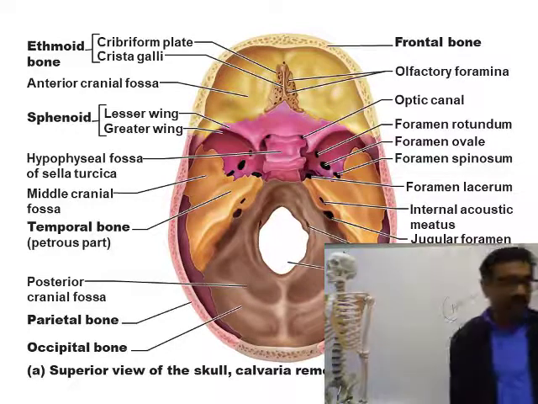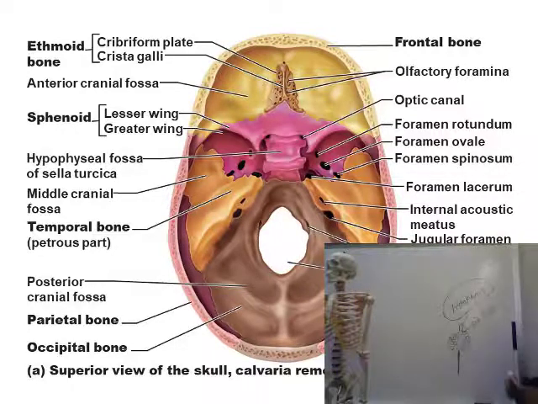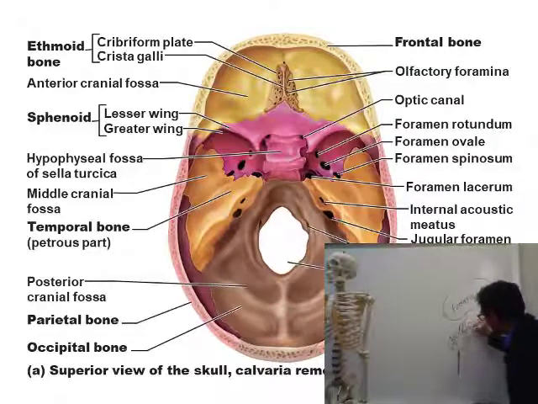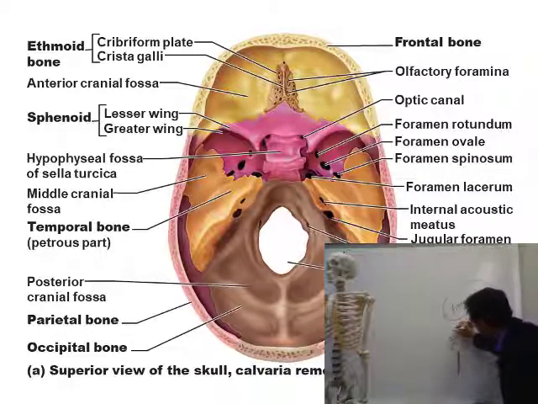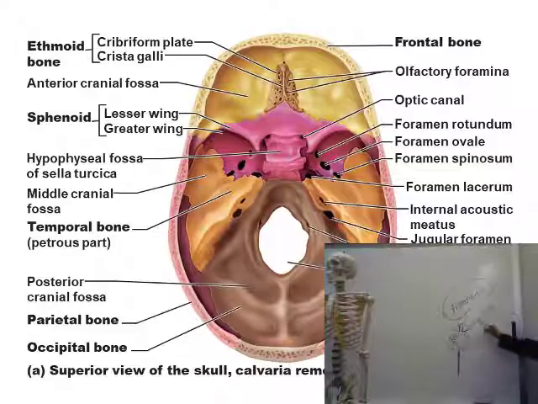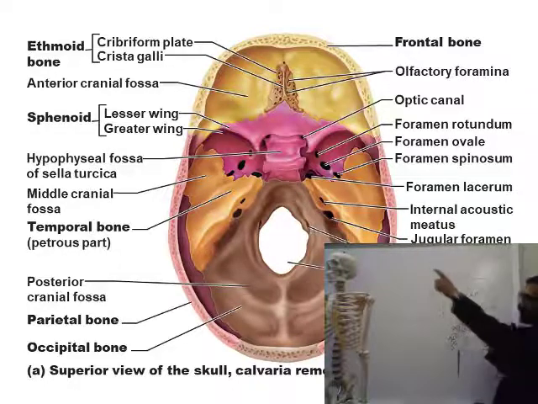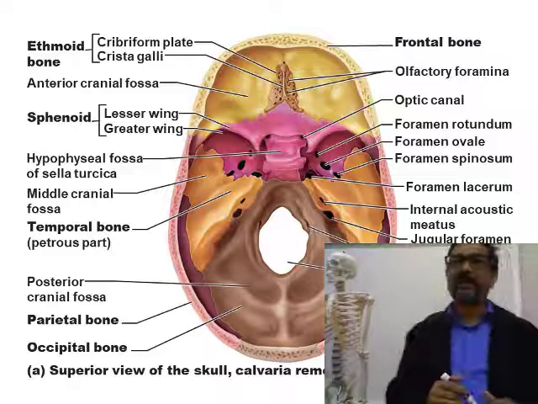And on both sides of the crista galli, you have bony plates, and in those two plates, you have many tiny foramina. These two plates on both sides of the crista galli are called the cribriform plate. So you see there, the cribriform plate in the picture.